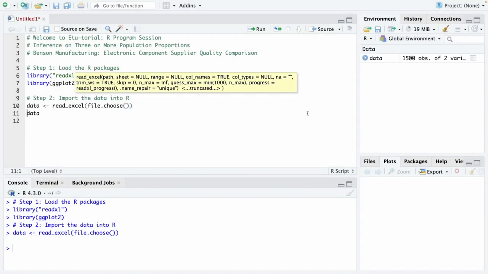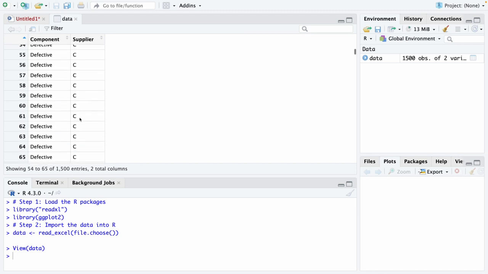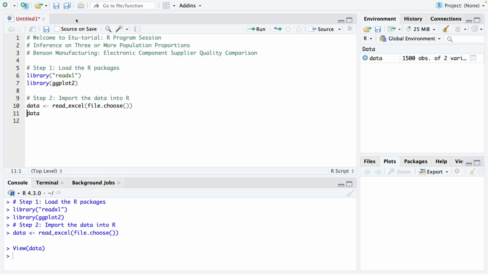Basically, you can see our data set here. It has been loaded in the global environment, which is where you would always get to see the data. If I click on this, we can see all of that data, starting with the defective for supplier A, B, C, and then the good ones as well. So I'll close this for now.